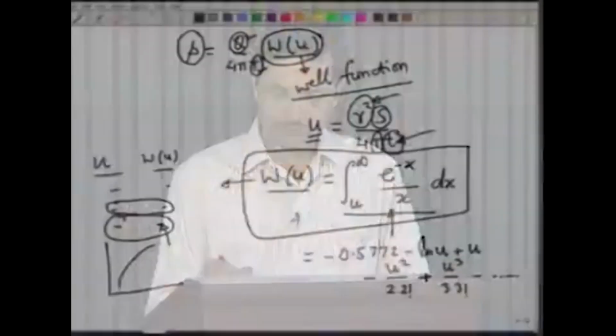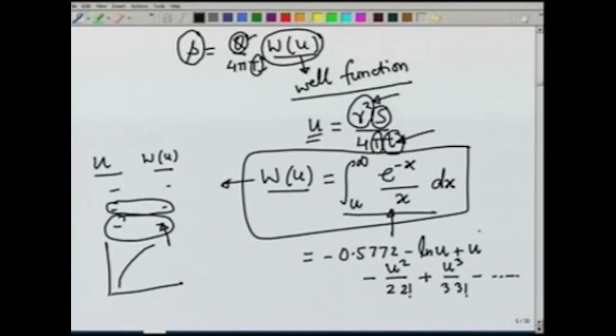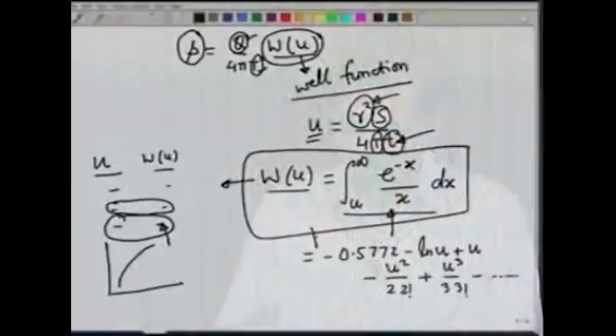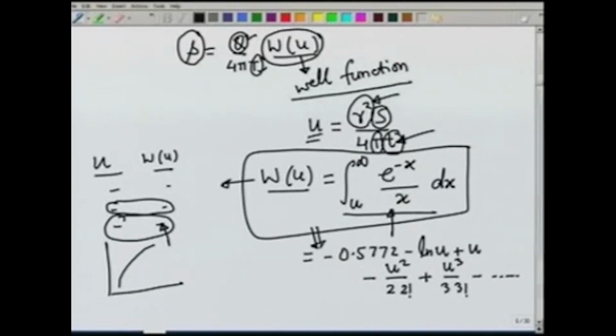If u is small, we can ignore the higher order terms, and there is an approximation which says that if u is less than 0.01, only the first two terms can be used. So, that approximation we will see a little later, but W(u) can be obtained using this series.